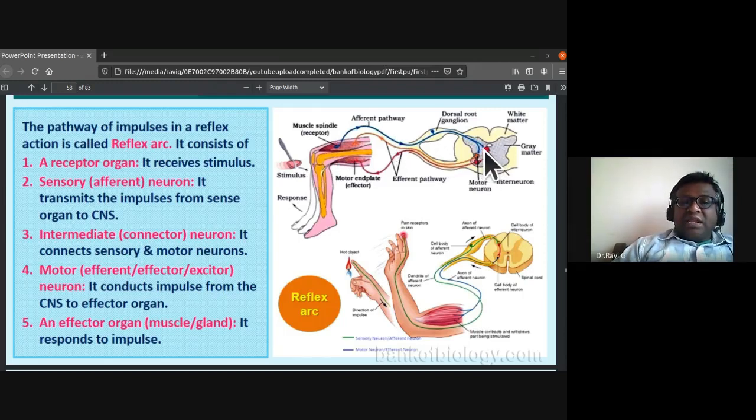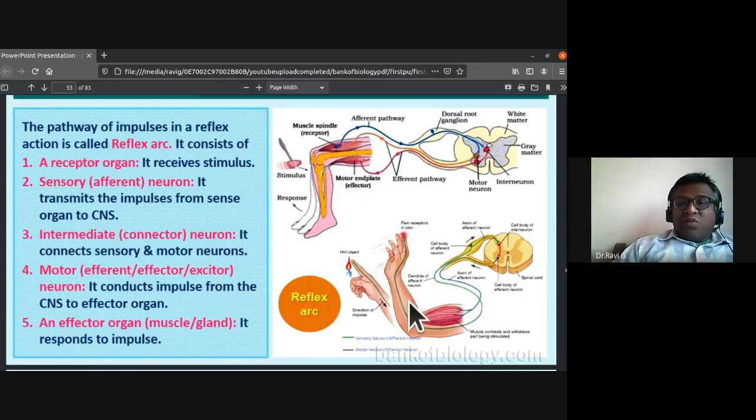Then there is an interneuron, or intermediate neuron, which connects the sensory nerve to the motor neuron. The motor or efferent neurons conduct impulses from the central nervous system to the effector organ, which can be a muscle or gland. The effector organ responds to the impulse, and the knee-jerk kicking action is shown by this effector organ.